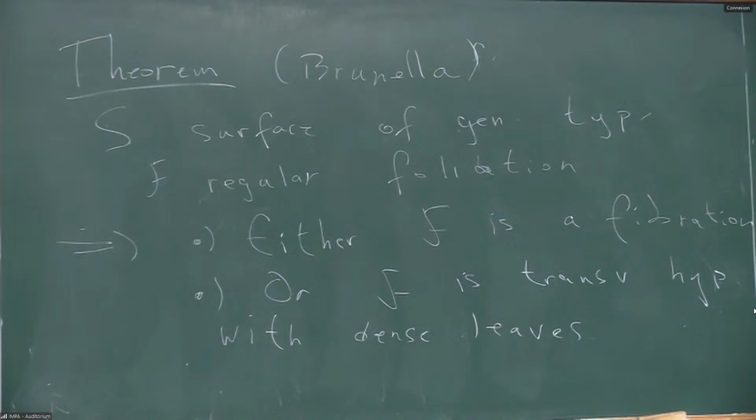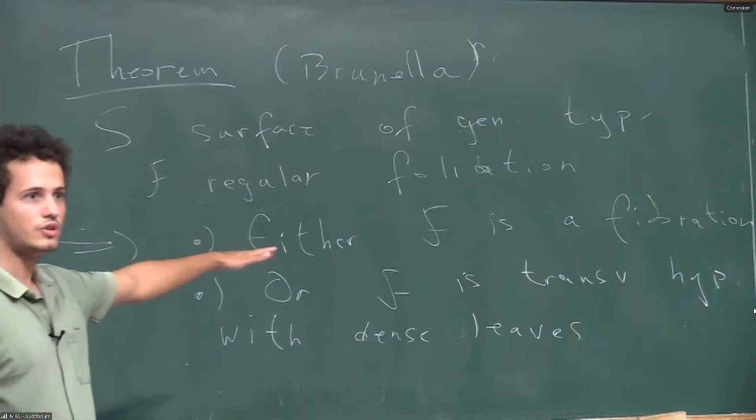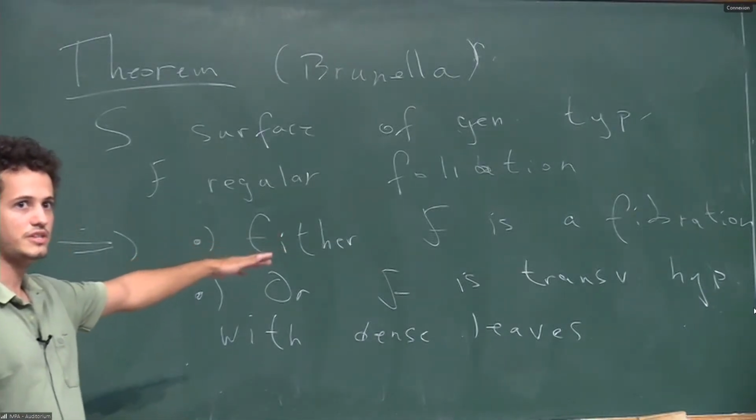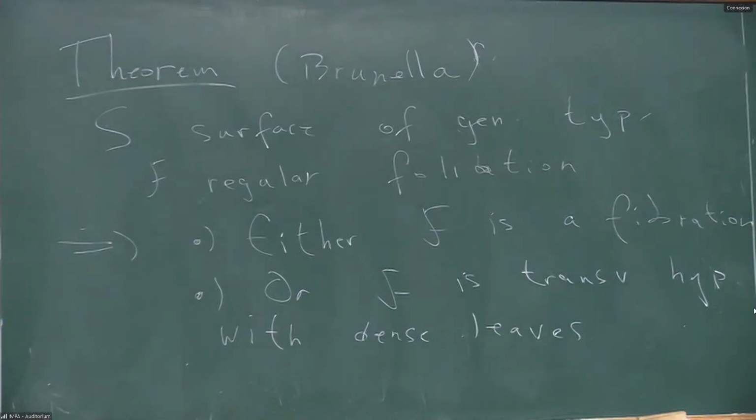So unlike the other cases which were covered by Carolina, we don't actually have an explicit description of foliations on surfaces of general type. Until this moment, we only have this. And of course, it's an open problem to give an explicit description of foliations on surfaces of general type. Okay.